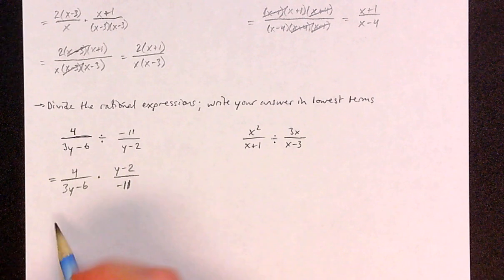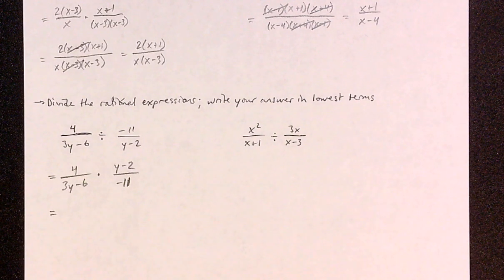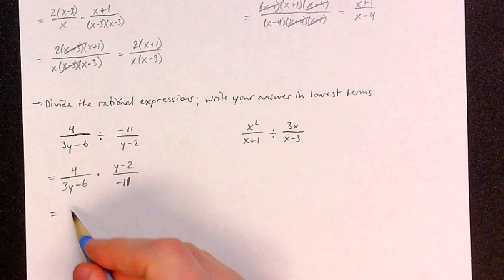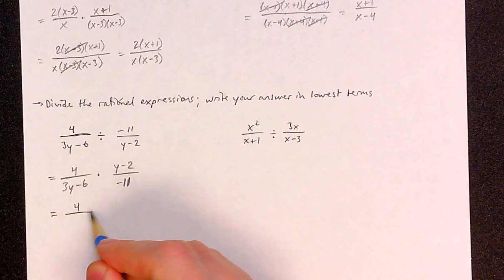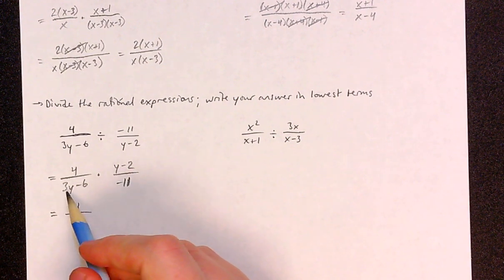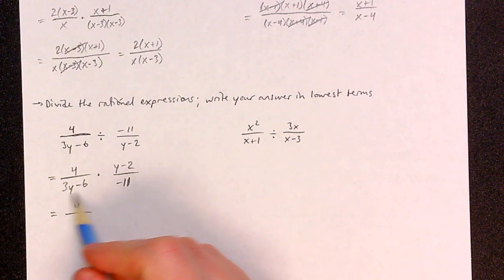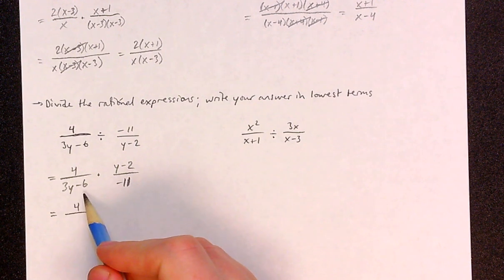So now let's factor things. Let's see what we can cancel out here, if you will. This first one here, I have 4 on top. I notice that I can pull out a common factor from each of these two terms. I can pull out a 3.